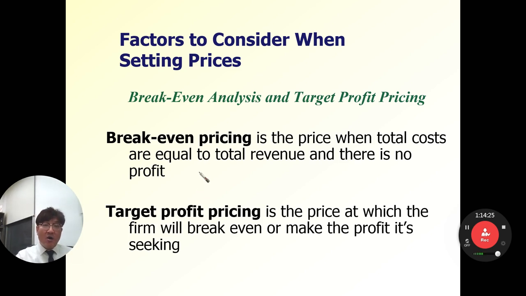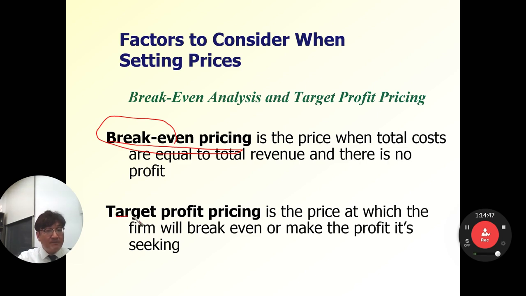The break-even pricing is the price when the total costs are equal to the total revenue and there is no profit, which is the definition of the break-even point: profit zero, not minus, not plus, just absolutely zero. That is what we call the break-even point.